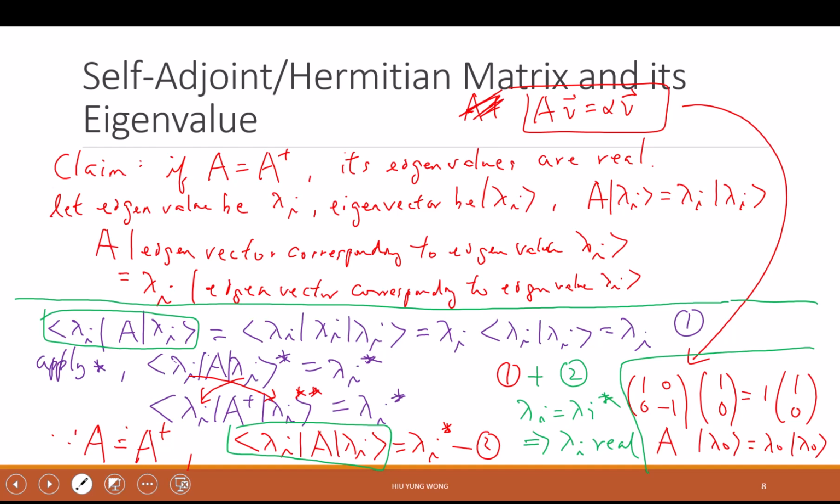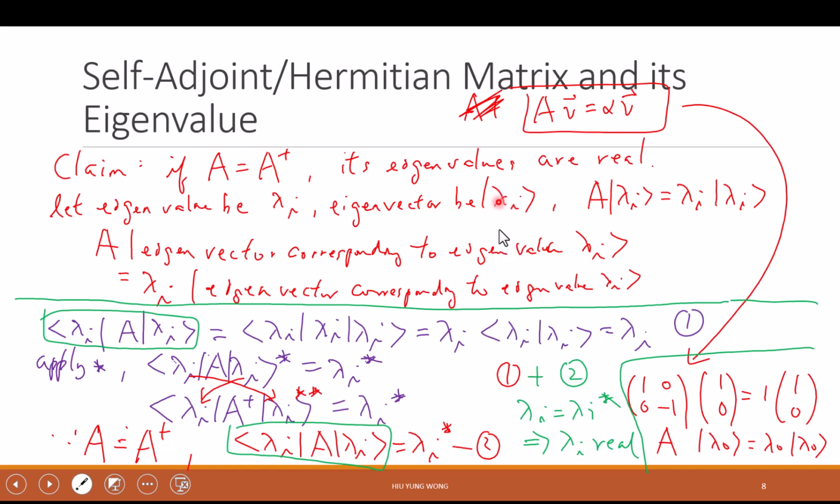Okay? So here I will just go through the proof. If A equals A dagger, which means it is Hermitian, by our definition its eigenvalues are real. So here is how we prove it. First, we let the eigenvalue be lambda I, and the eigenvector be the ket lambda I. Again, I can put anything here.